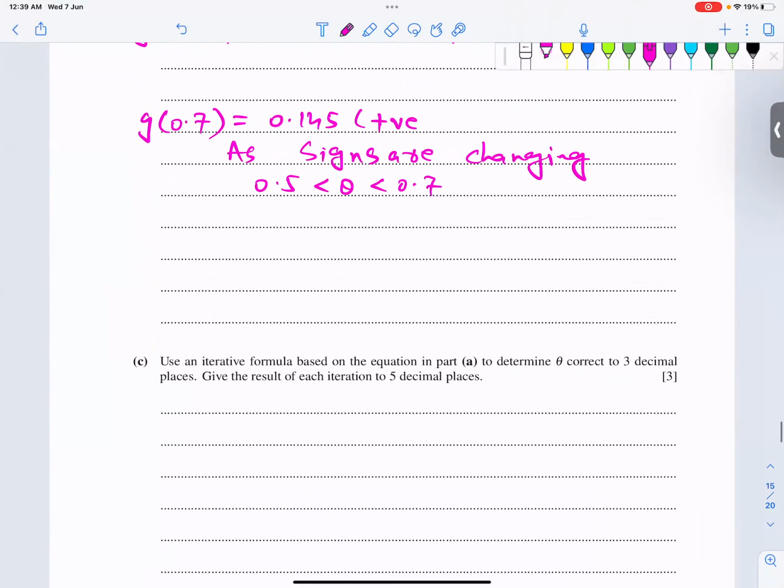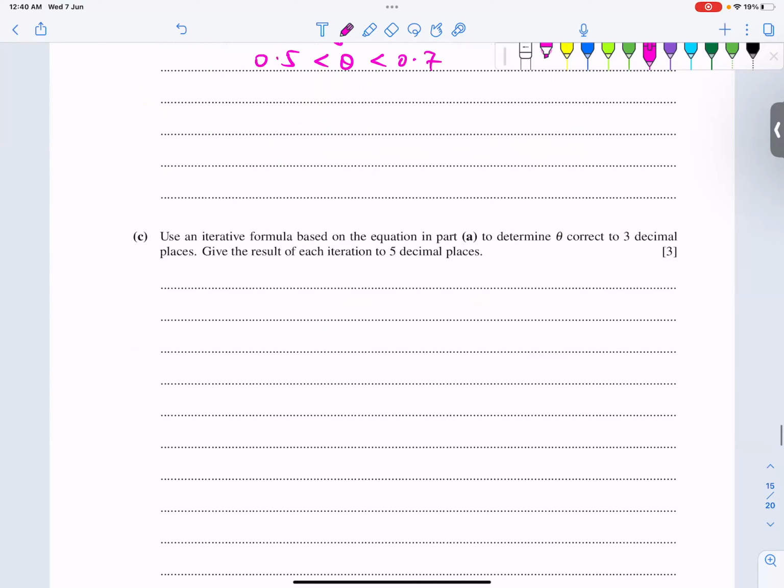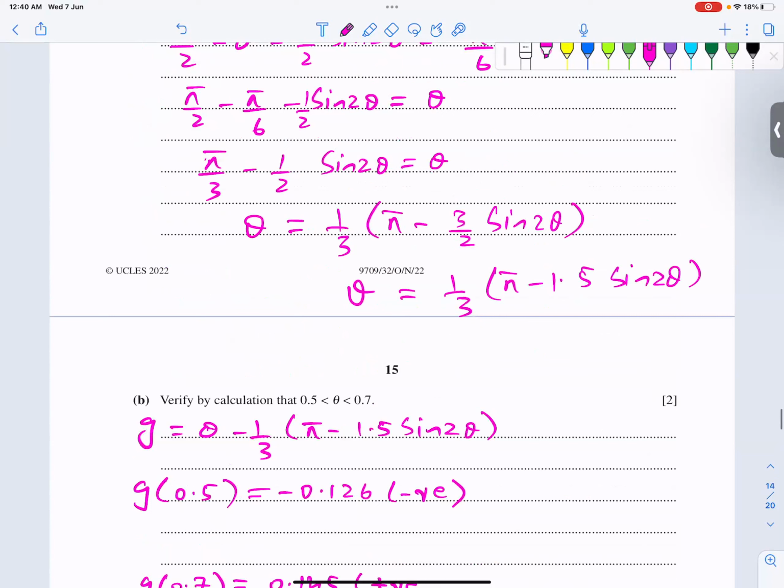So now use an iterative method. Use an iterative formula based on the equation in part A to determine theta correct to three decimal places, giving the result of each iteration to 5 decimal places. So copy this answer.